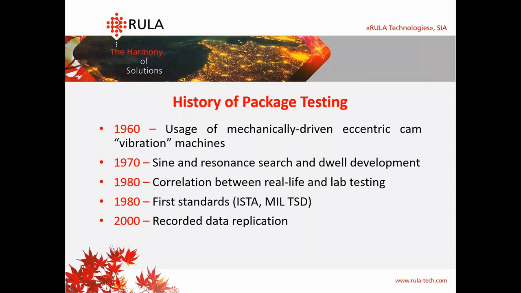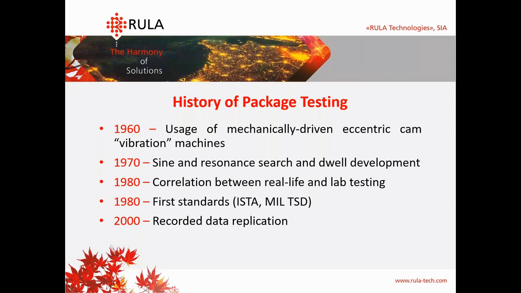Then in the 1970s, sine tests appeared, and in that case, people started to search for resonances and develop resonance search and dwell. Now the sine test is usually used for package design, structural improvement, resonance search, and so on.